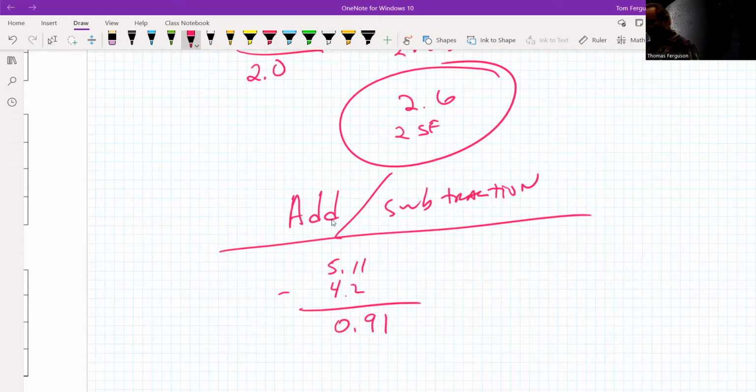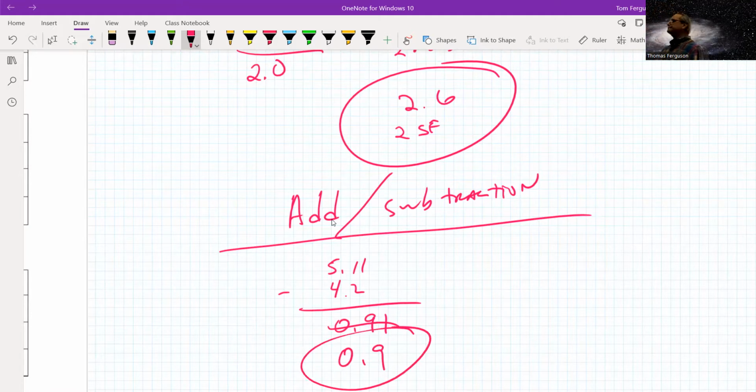So our answer is going to be 0.9. So it's basically looking at the weakest link in the operation. Doesn't matter if there are 24 parts to this.